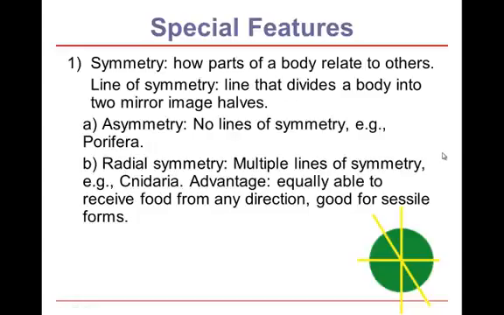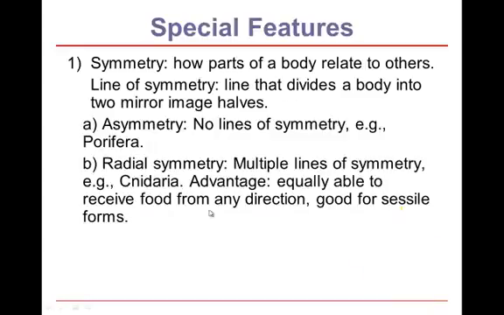And the advantage of this type of symmetry is that an animal with radial symmetry is equally ready to receive food to its body from any possible direction. And so it's good for sessile or attached forms, animals that are attached. Think of a sea anemone there.